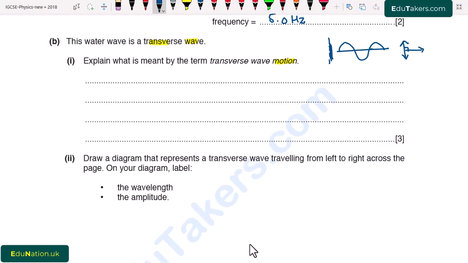So first point is that in transverse wave, vibration of particles is perpendicular to the direction of wave travel.